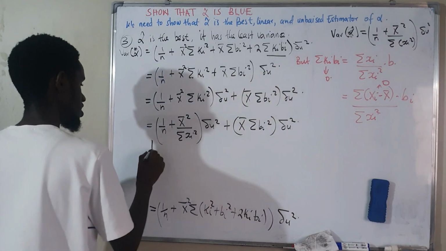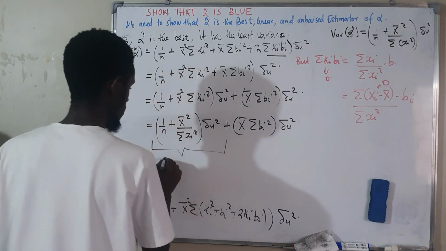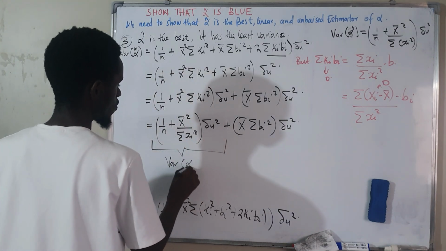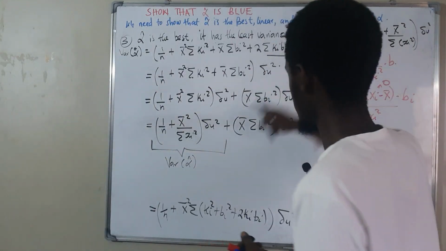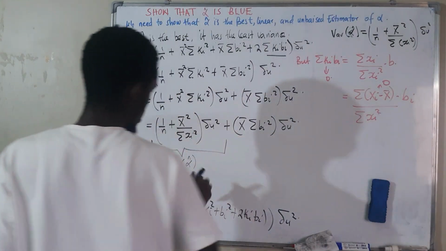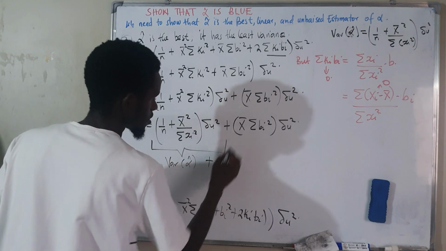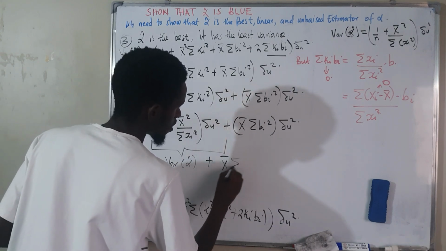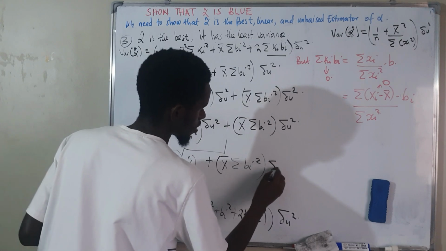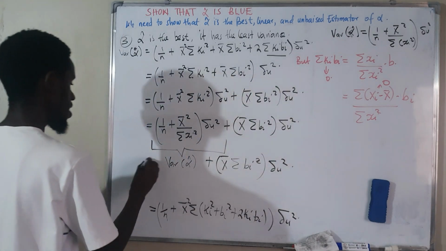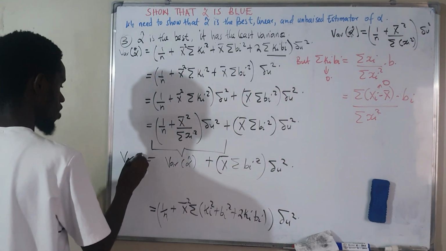And then we shall see that this is the variance of alpha hat we had, plus this other value we don't know, sigma u squared. Now if you compare, this is the variance of alpha star.